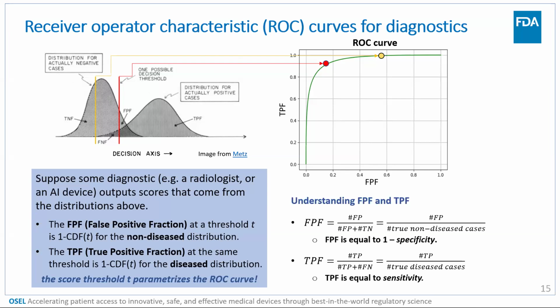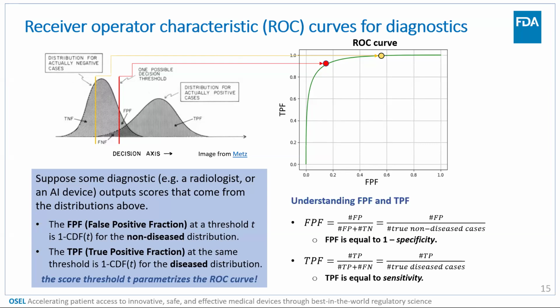And you can understand these false positive fractions and true positive fractions as follows. So this is the number of false positives divided by the number of true non-diseased cases. And the true positive fraction is the number of true positives divided by the number of true diseased cases. And so at this red threshold, we can plot the FPF and TPF up there, corresponding to the red point.